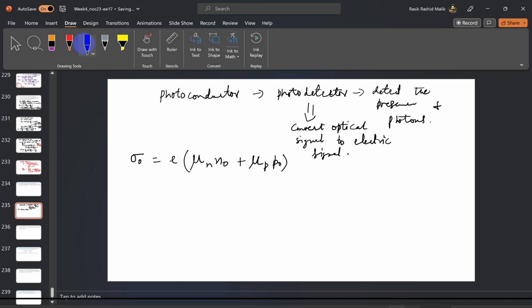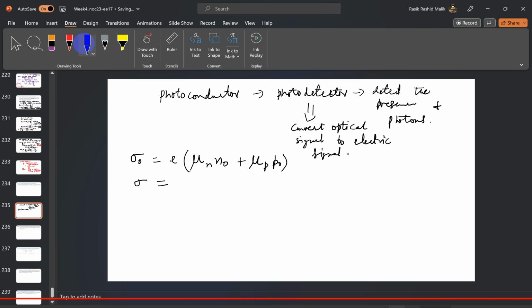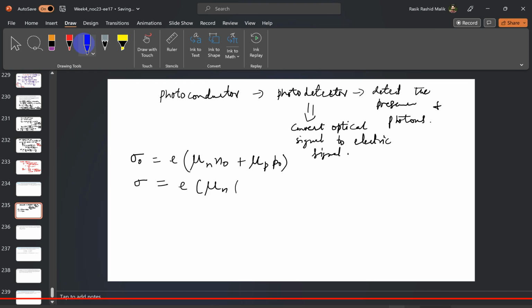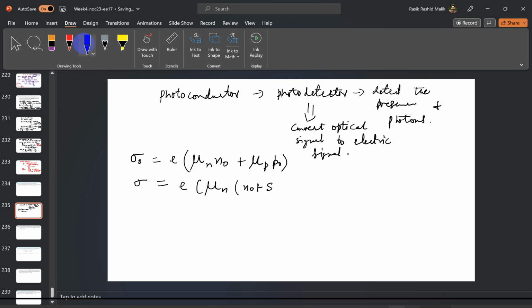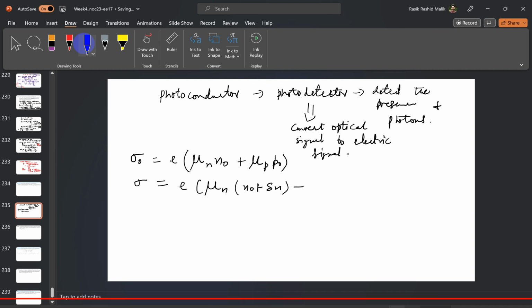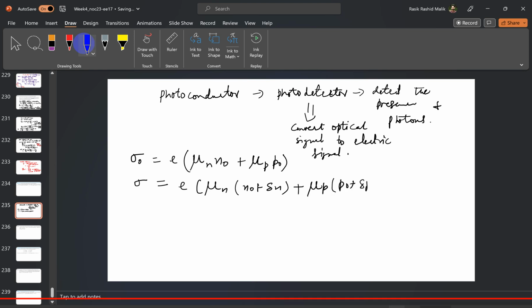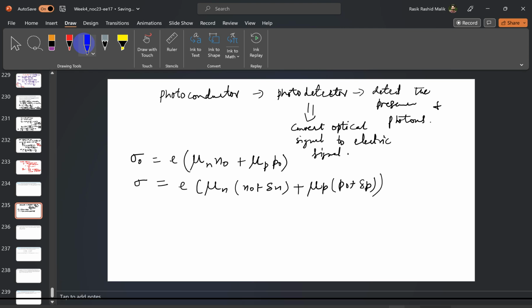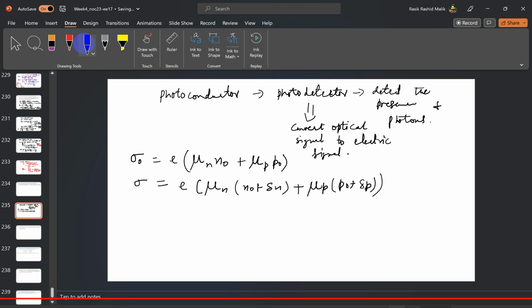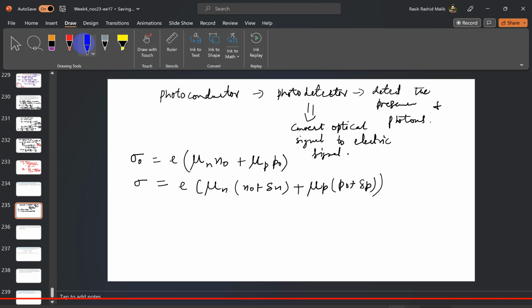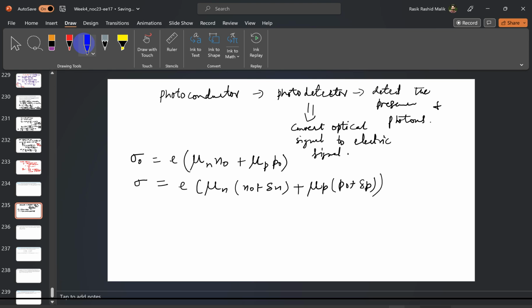But when there is photon excitation, excess carriers are generated in the semiconductor, so the conductivity will become e mu_n (n0 + delta n) + e mu_p (p0 + delta p), where delta n and delta p are the excess carriers. Here we can assume that delta n and delta p are the same.